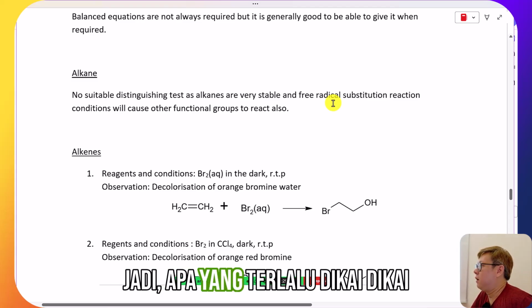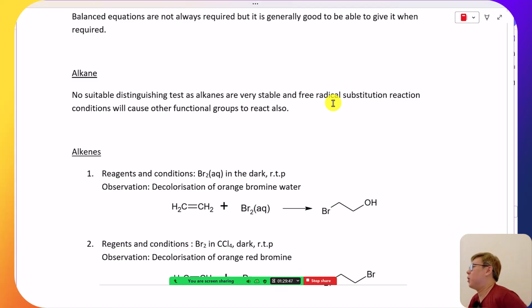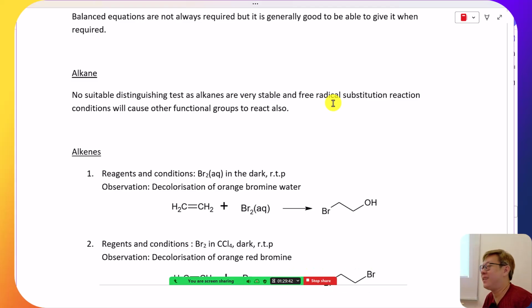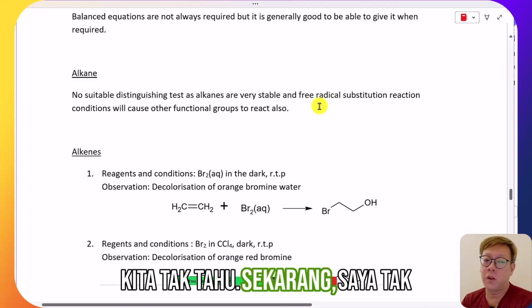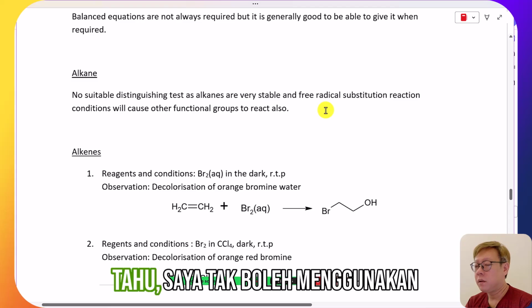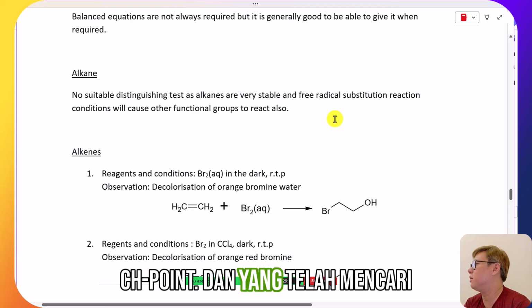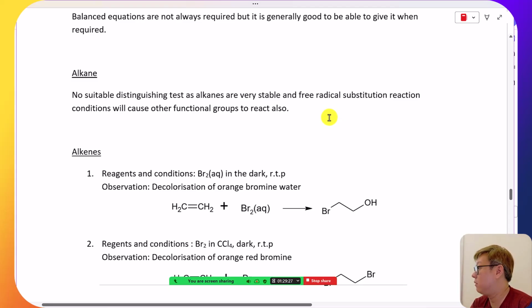So what's the point of doing a distinguishing test to find something that has CH bond? Understand what I'm saying? Yeah, it doesn't make sense. Got it? Yeah, so alkanes normally we will not use. Now then some students will say, but I can do FRS. Alamak, I already tell you it's for CH bond, understand? Yeah, almost everything got CH bond.